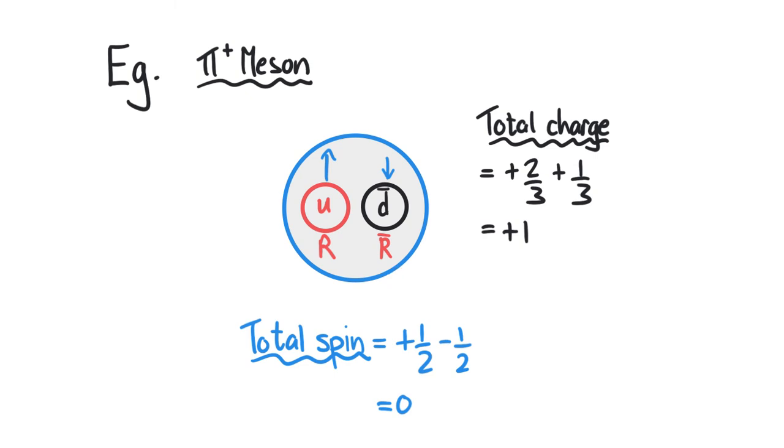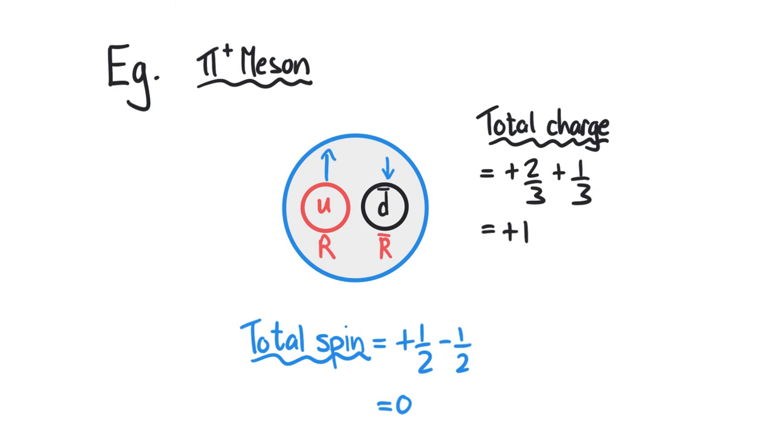So the total spin is 0, which makes pi mesons actually bosons, whereas the baryons have half integral spins, which makes them fermions. We'll discuss this in more detail later on.